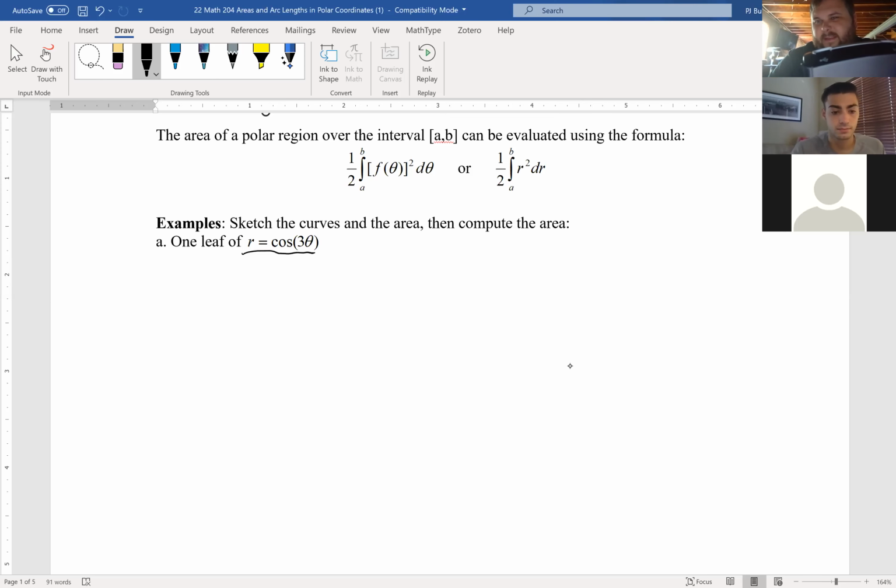So we got things like lines and circles and stuff like that the other day. We didn't get anything like this. Okay. So notice the thing says 1 leaf. I'll often say 1 petal, right? Because these things sometimes look like flowers.